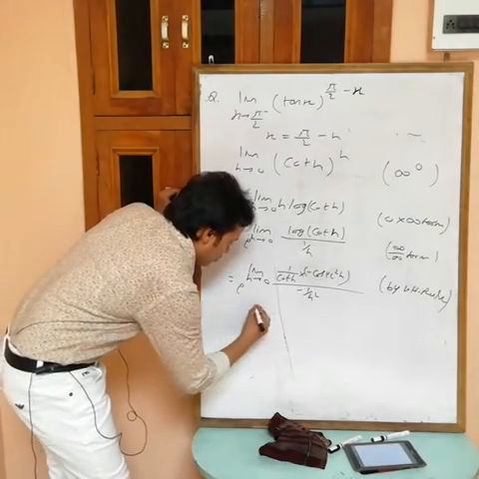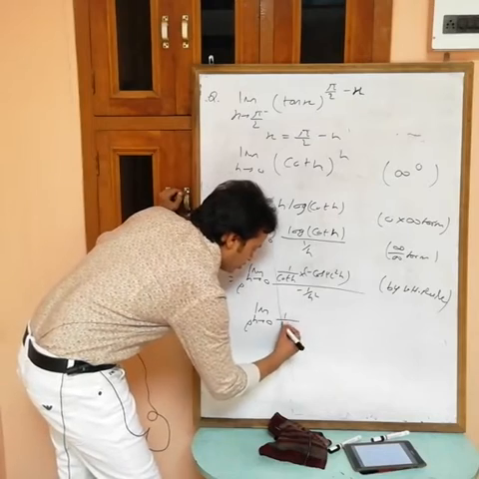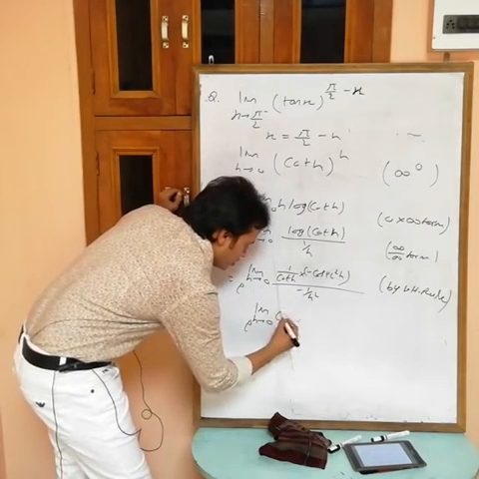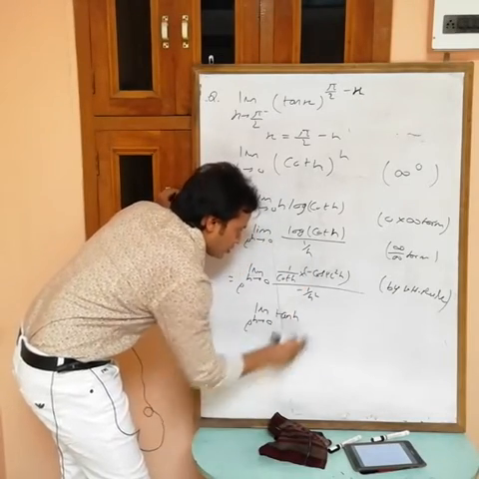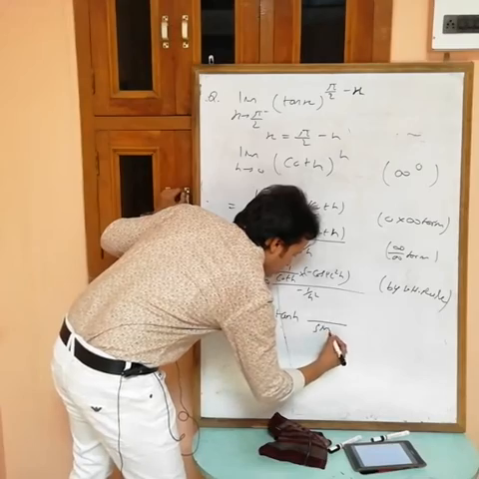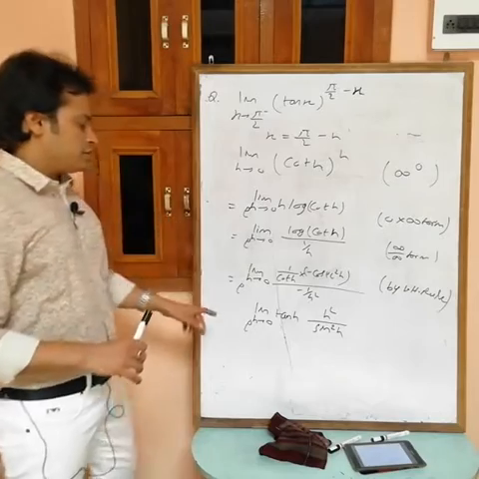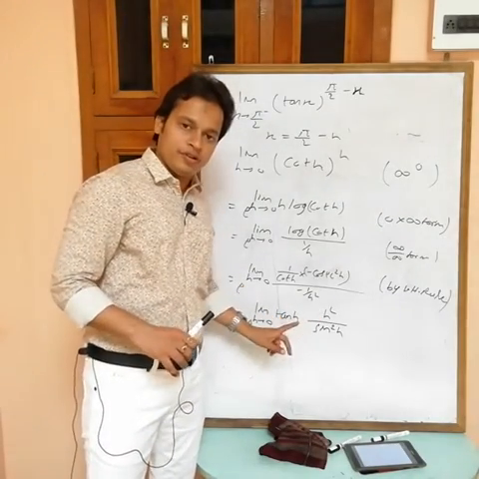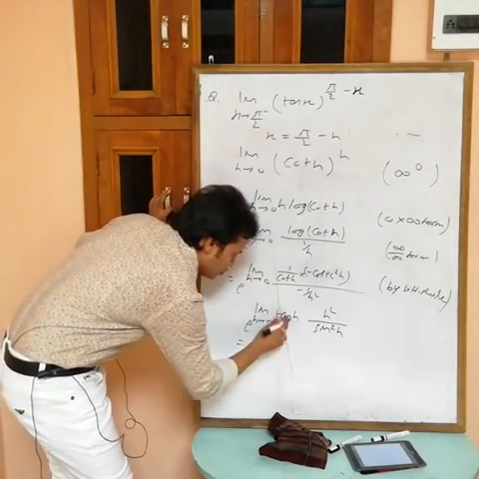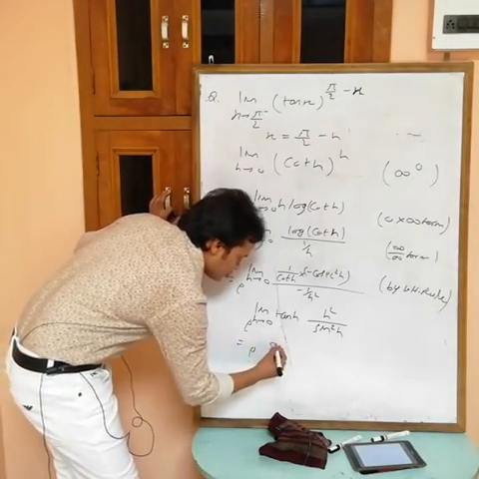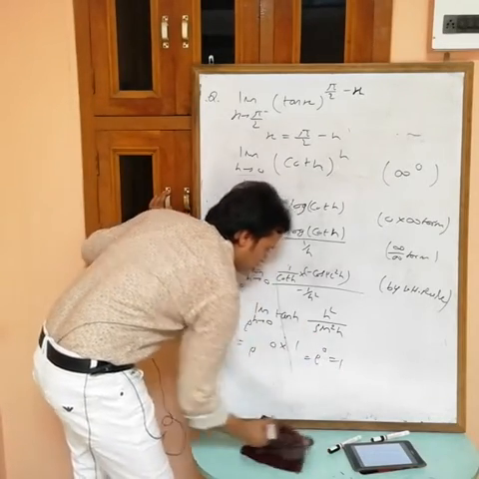E power limit h tending to 0, 1 by cot h can be written as tan h, minus minus cancels out, cosec square in the denominator becomes sin square h in the numerator, over h square. This is a standard limit. In this one you can put h equals 0, no problem. So the limit is 0, h equals 0, 1 square equals 1, e power 0, then the answer is 1.